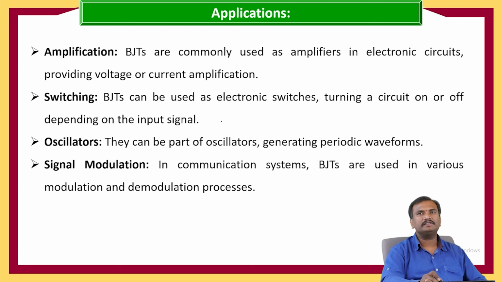These transistors can also be used as an electronic switch, like the diode. And oscillators: they can be part of oscillators generating periodic waveforms. The next one is signal modulation. In communication systems, BJTs are used in various modulation and demodulation processes.